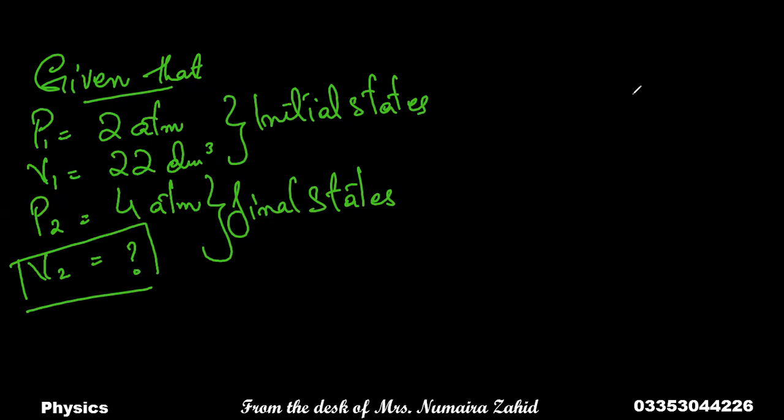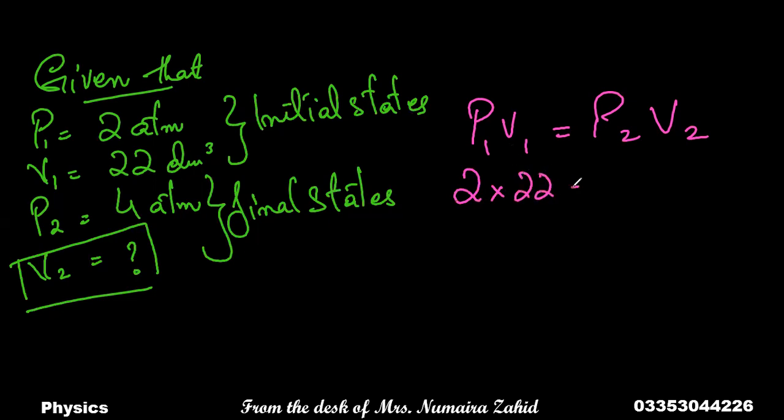Whenever we talk about a system, it has its initial states as well as its final states. In order to apply Boyle's law in this situation, we are going to use P1 V1 is equal to P2 V2. It means the initial conditions should be equal to final conditions. The initial pressure is 2 atmospheres, multiplied by the volume, and the final pressure will be multiplied by V2.